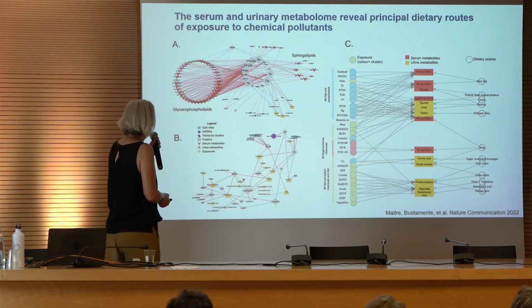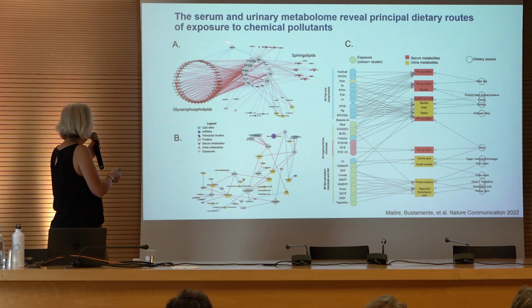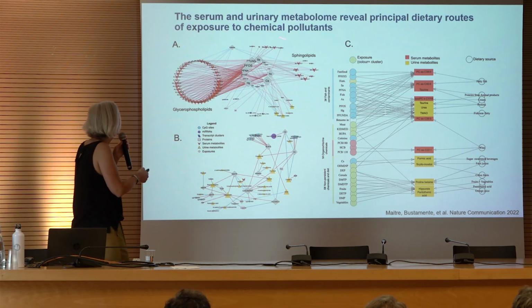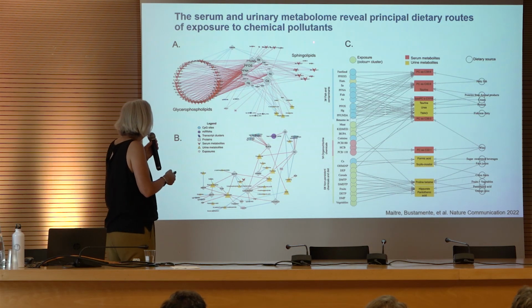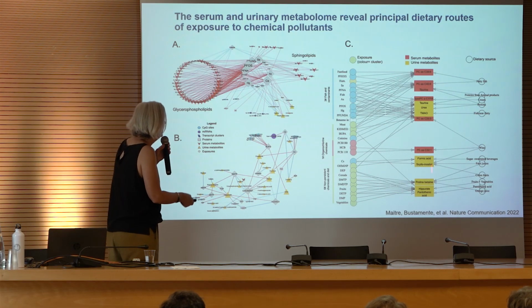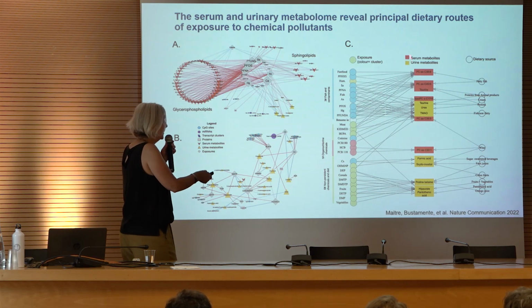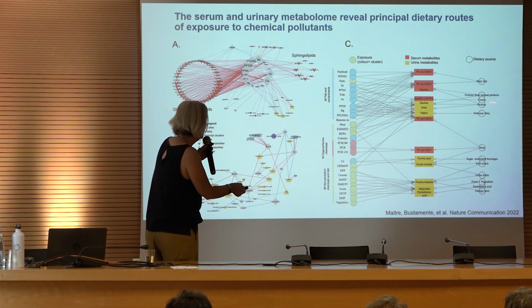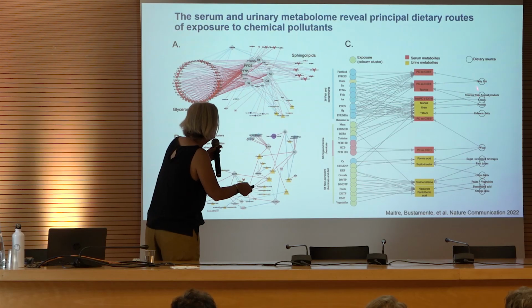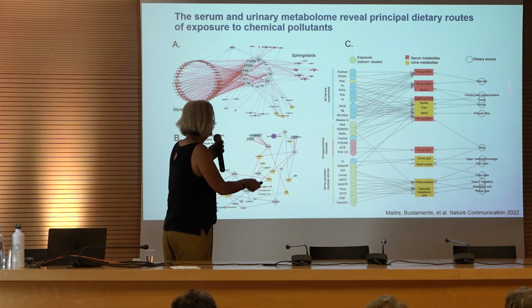We also, as I said, found very highly connected networks of serum and urinary metabolites linked to these chemical pollutants. And some of that can be explained by dietary intakes, because the same metabolites have been documented as being linked to different dietary sources.